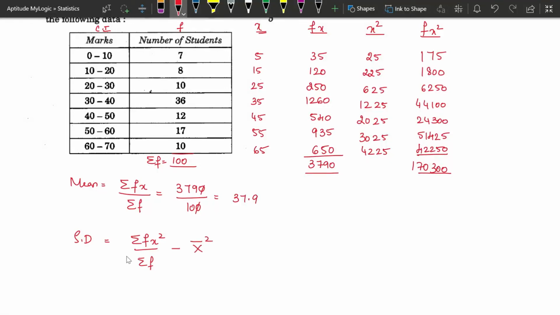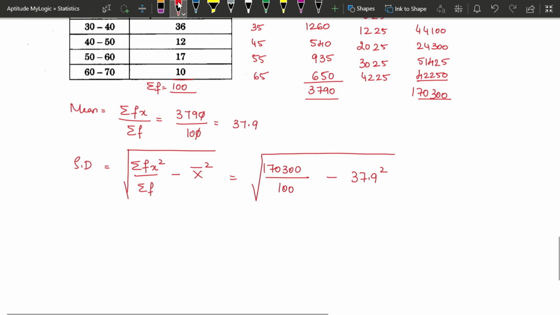The first formula only I am using. So this we have found, which is 170,300 divided by the total of frequencies, 100, minus the mean square, that is 37.9 square, and root of it. The zeros get cancelled, we have 1703 minus 37.9 square, which is 1436.41.